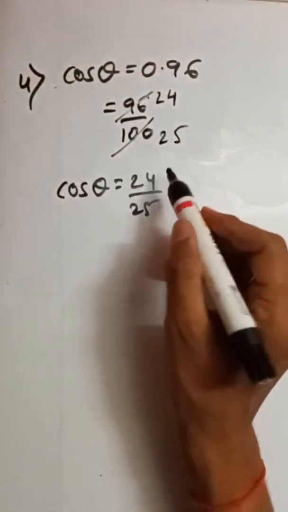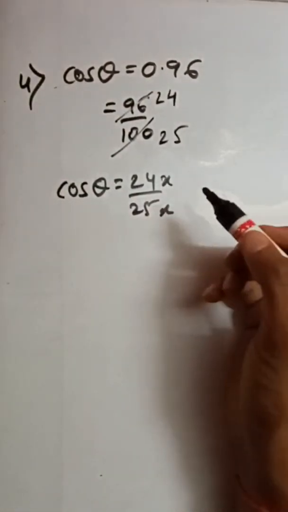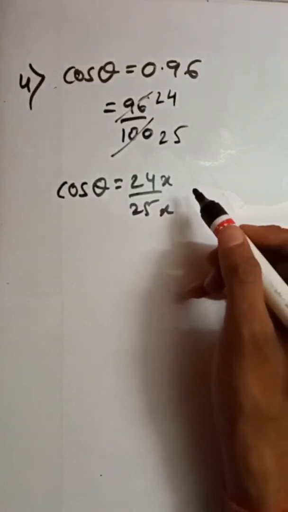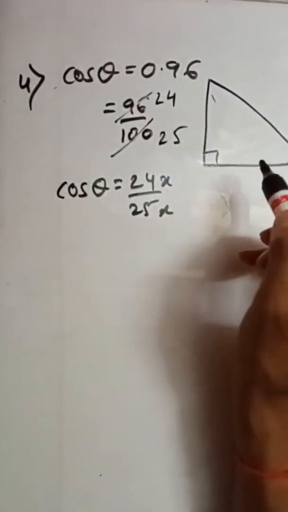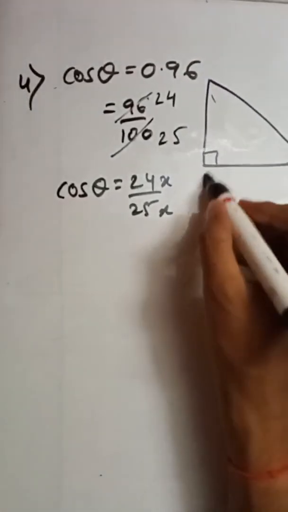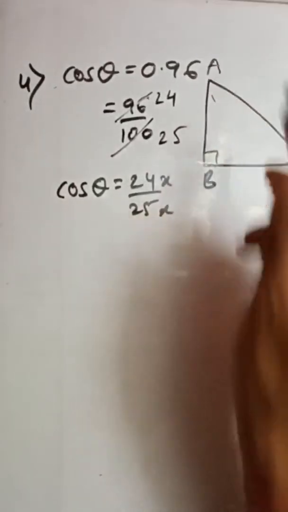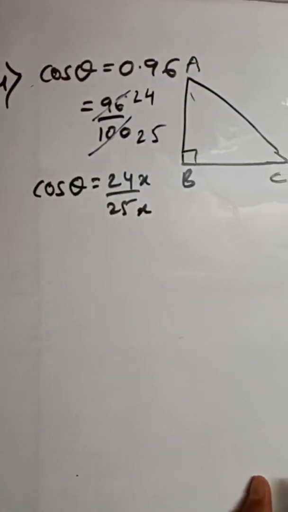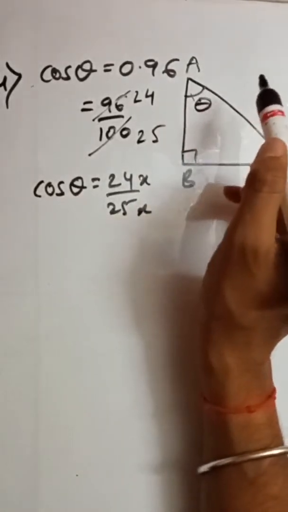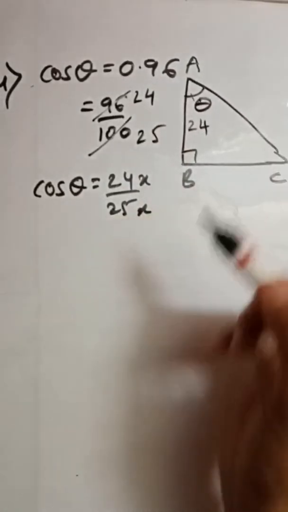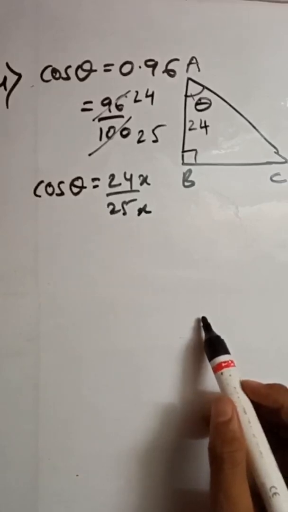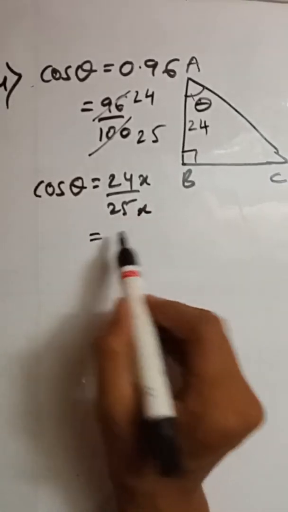Okay, ratio is given. I told you whenever ratio is given, you have to take the common multiple as x. Okay, and there is a triangle also drawn. This angle is theta and this AB is 24. Okay, now what is the formula for cos?